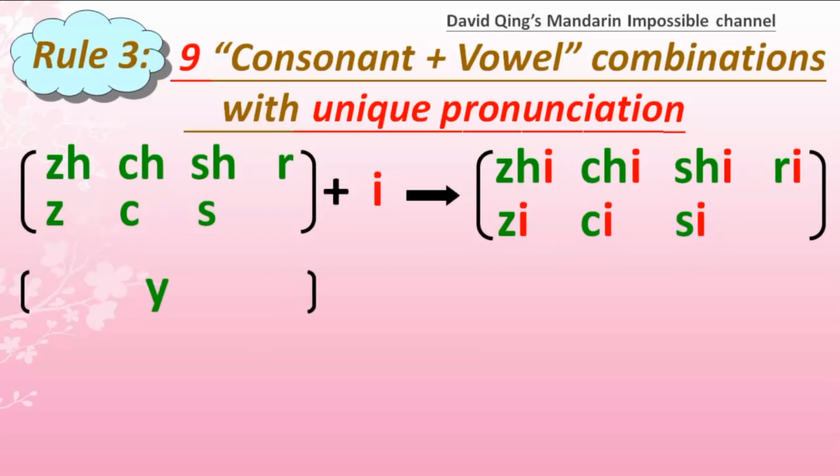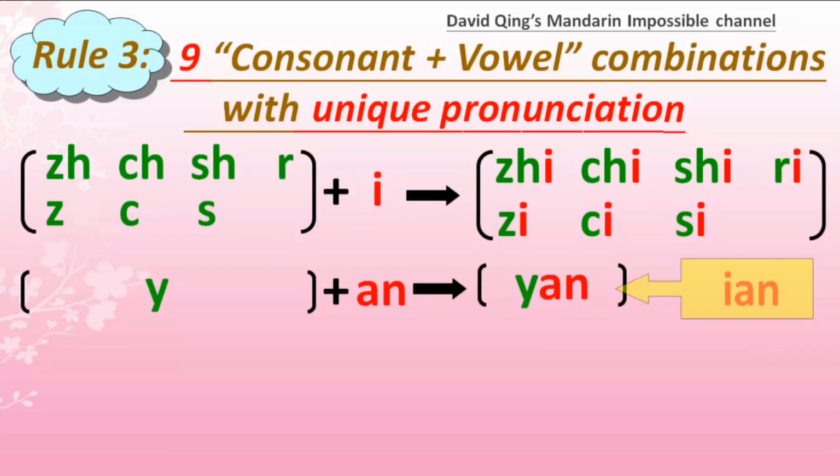The eighth combination is the consonant y combined with the vowel an. It is not pronounced yan. It is pronounced yen, yen. The pronunciation of yen is just like the vowel symbol you see on the screen. The ninth combination is the consonant y combined with the vowel e.